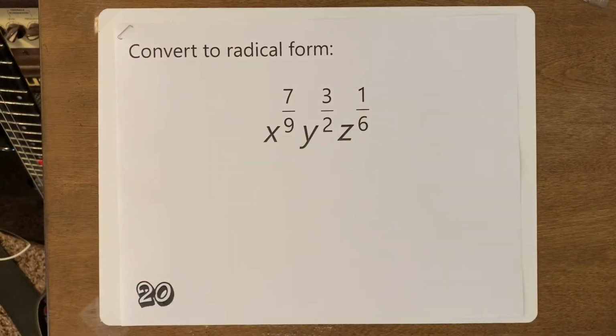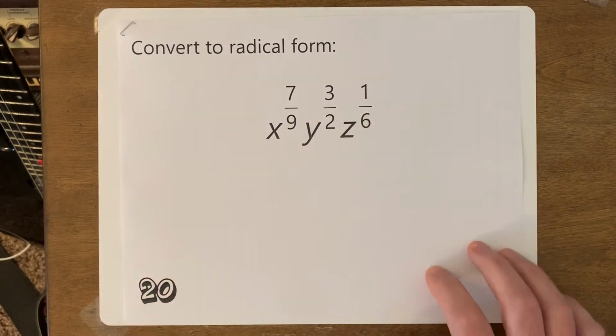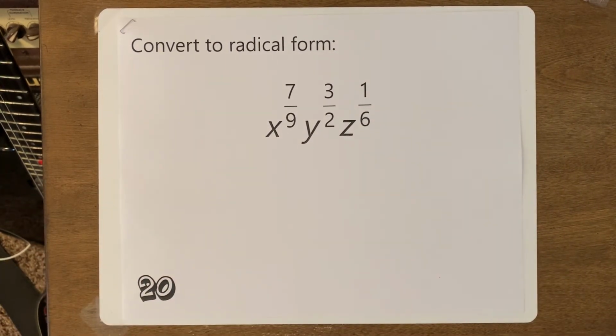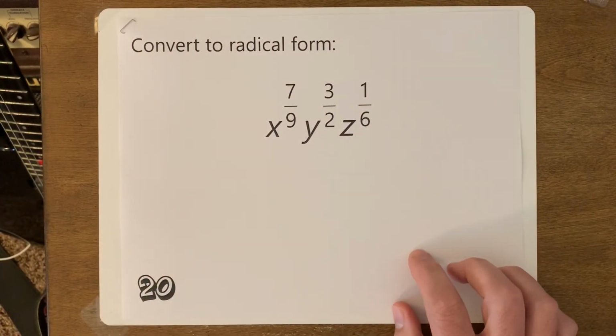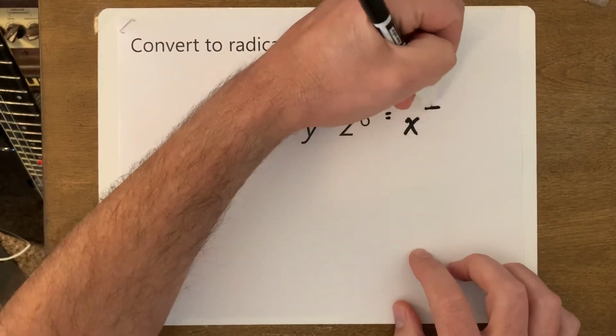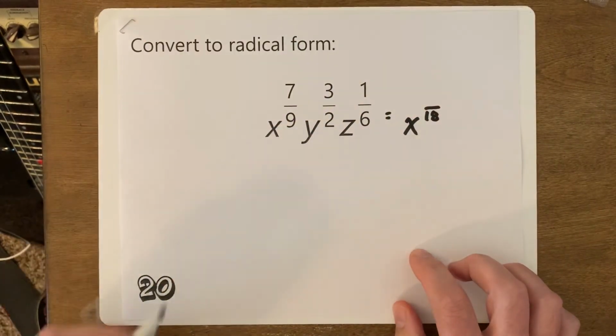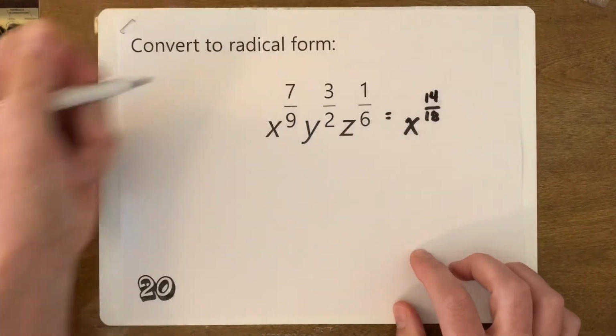And finally, our last one, 9, 2, and 6. All right, so what's the least common multiple of 9, 2, and 6? I'm thinking 18. These 3 numbers all go into 18. That's probably going to be the smallest. So x to the, something with an 18 here. 9 times 2 is 18, 7 times 2 is 14.